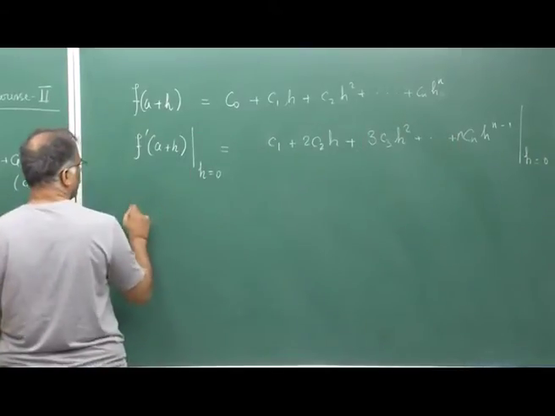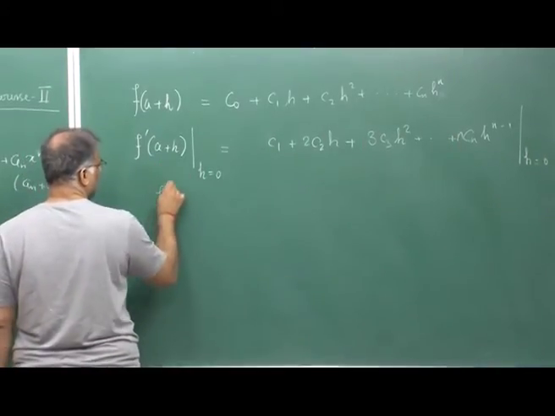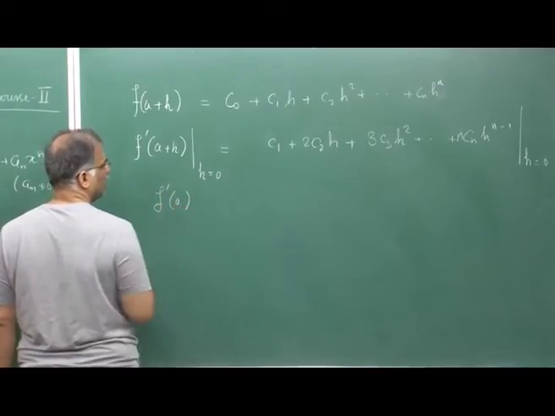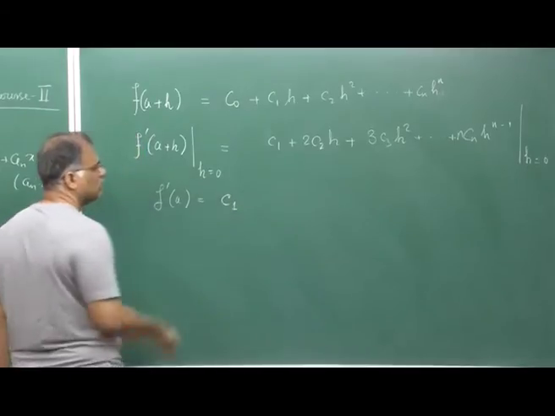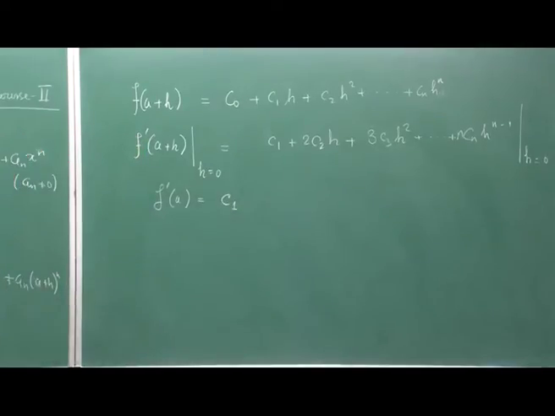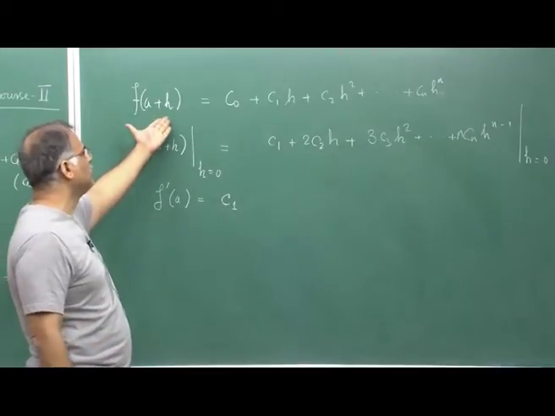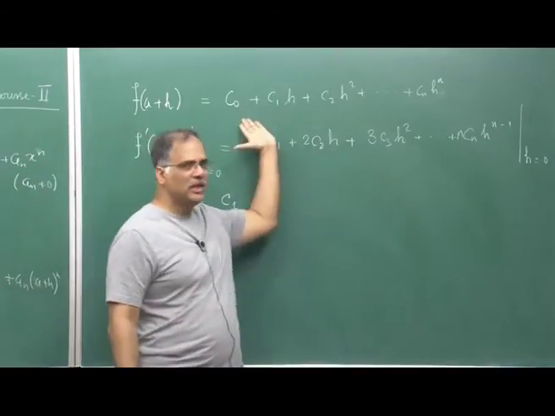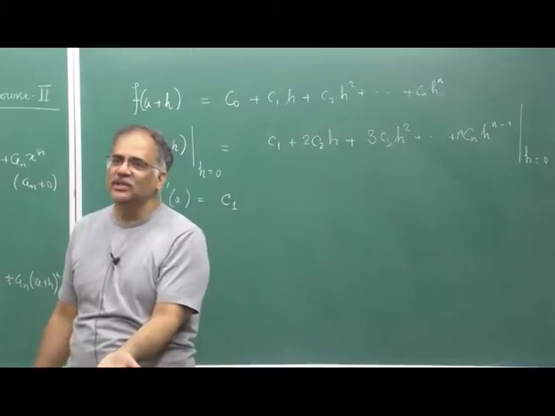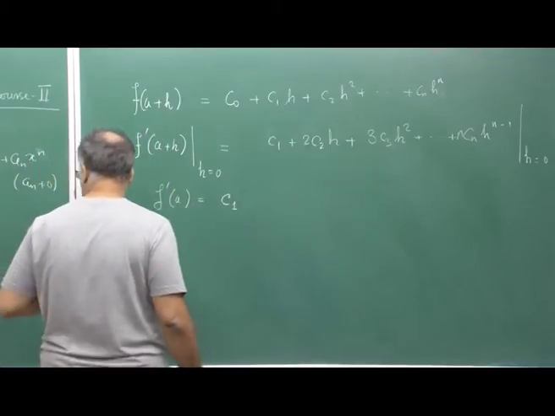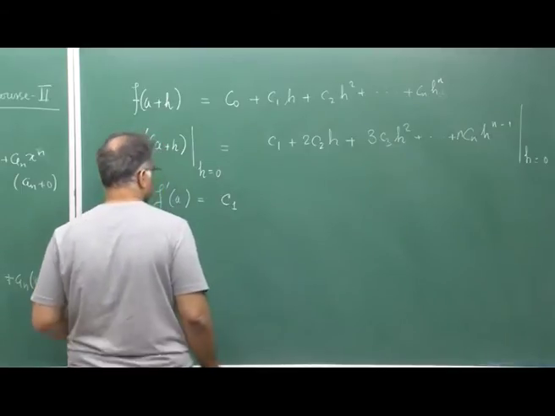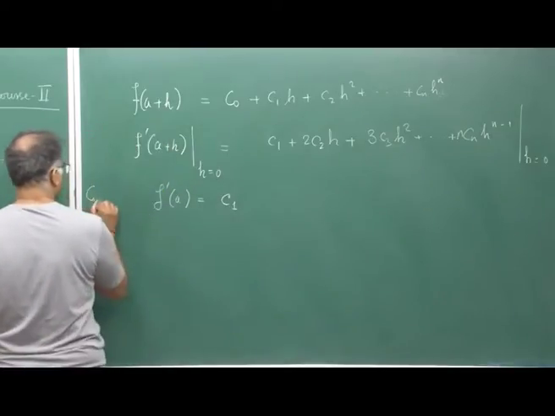So, f dash a at h equal to 0 means f dash a is equal to C1. What about C0? Just put h equal to 0 here. If you put h equal to 0, f a is equal to C0. So, your C0 finally is f a.